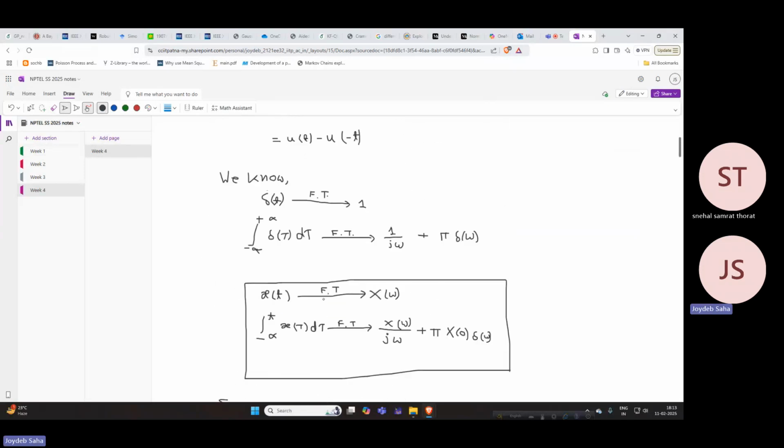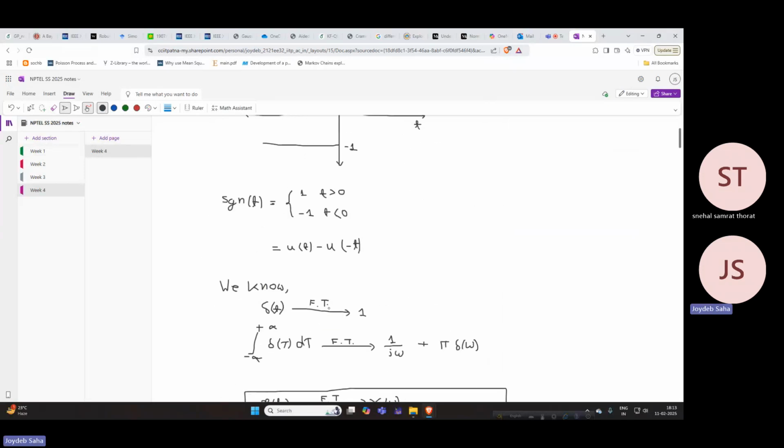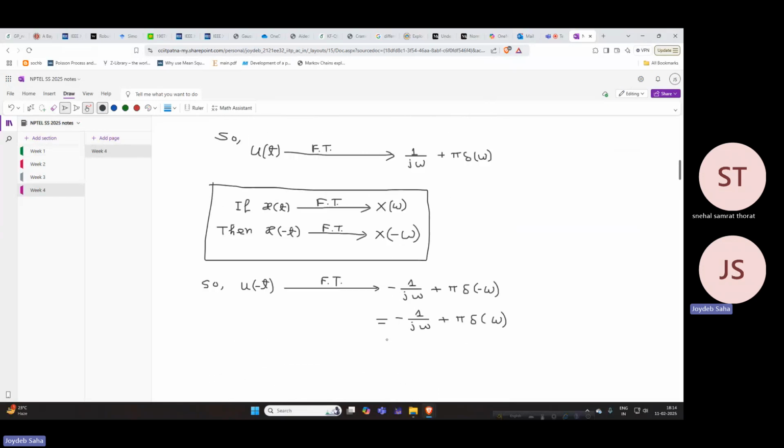Now coming to the main problem. What was the sgn? sgn was u(t) minus u of minus t.